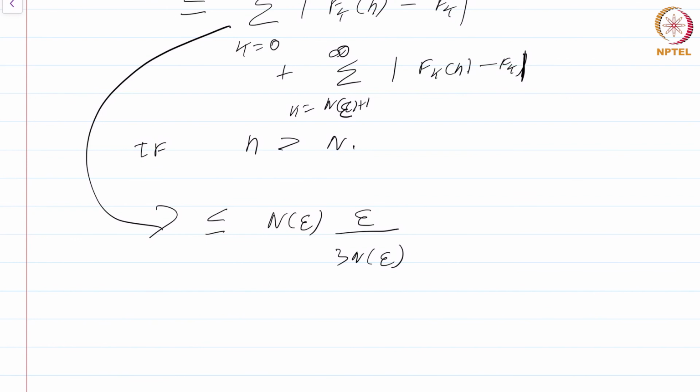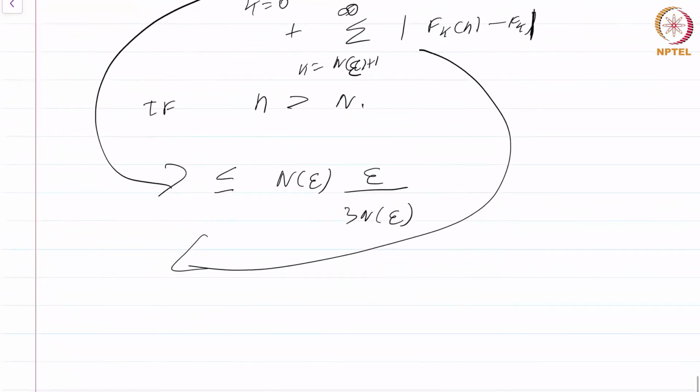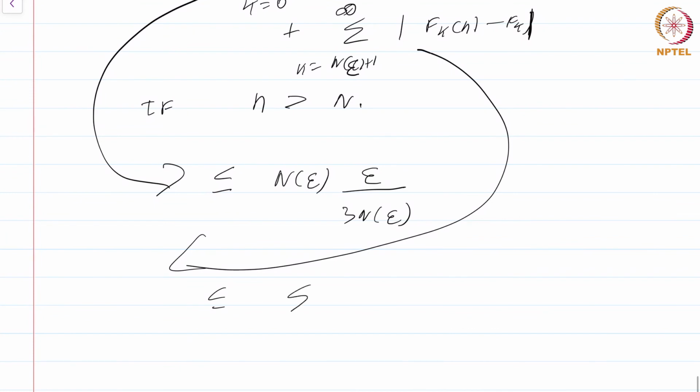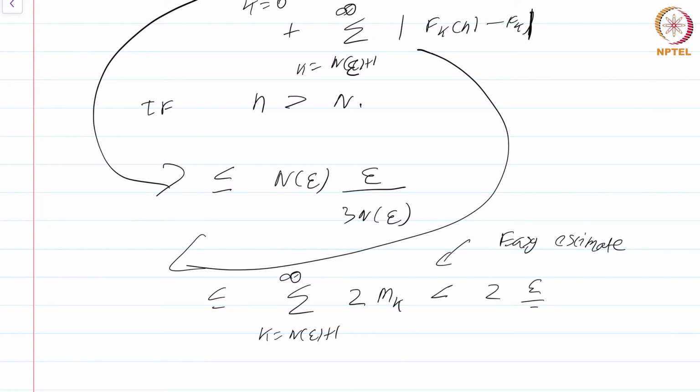So we can write this term as less than or equal to summation k equals N epsilon plus 1 to infinity of twice M_k. This is just an easy estimate. It follows from the fact that mod a minus b is less than or equal to mod a plus mod b. But this is less than twice epsilon by 3.